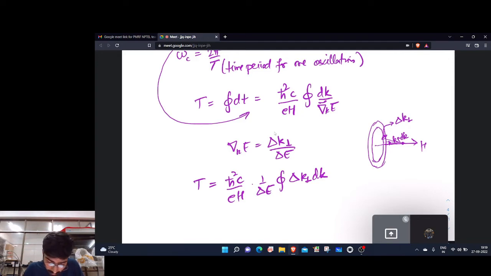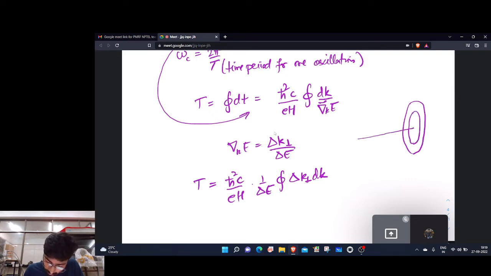This is not a clean diagram, let me just draw it neatly, and in fact let me draw towards this side.